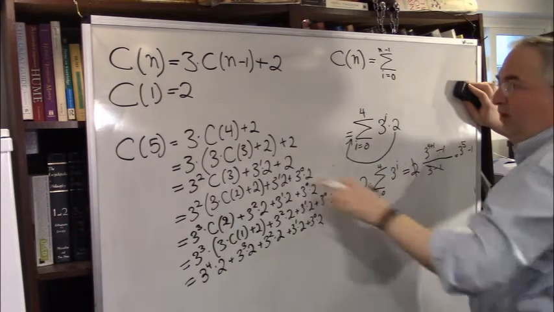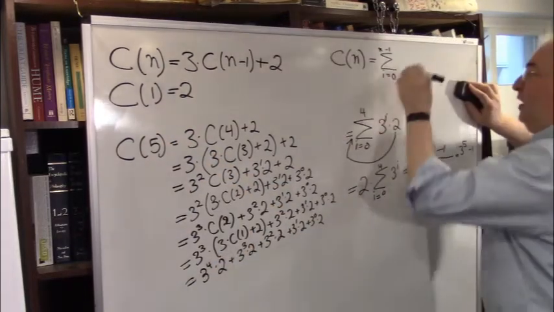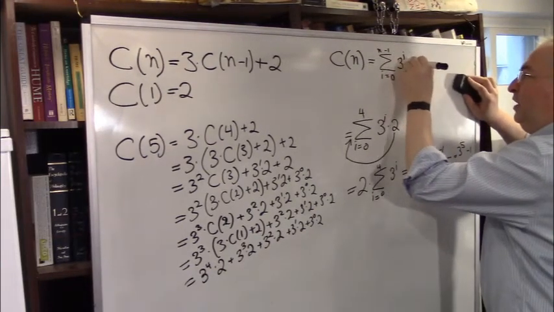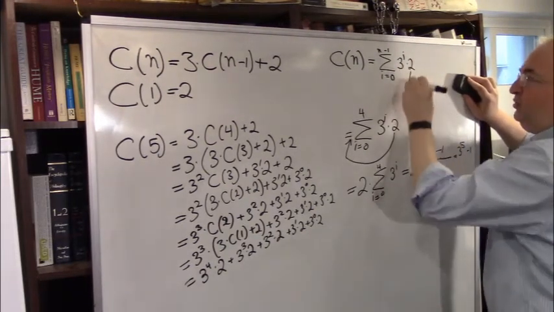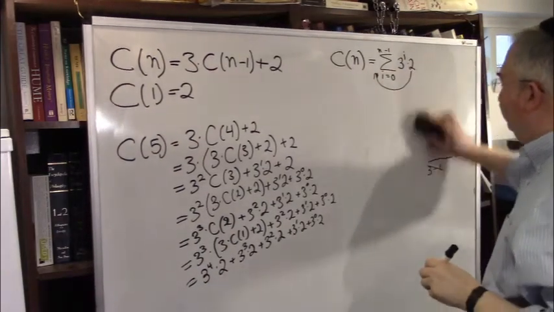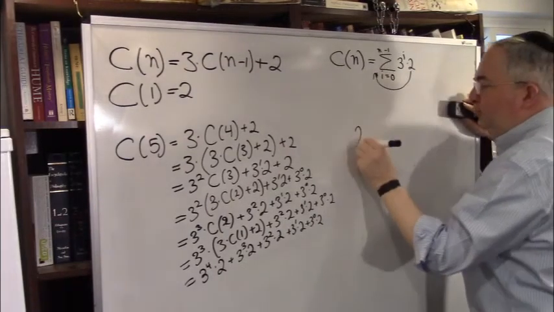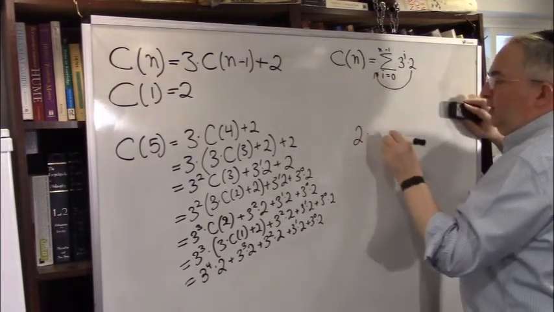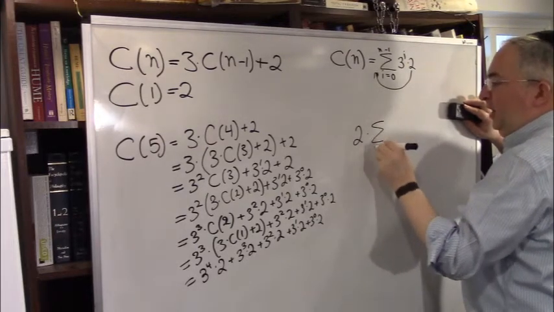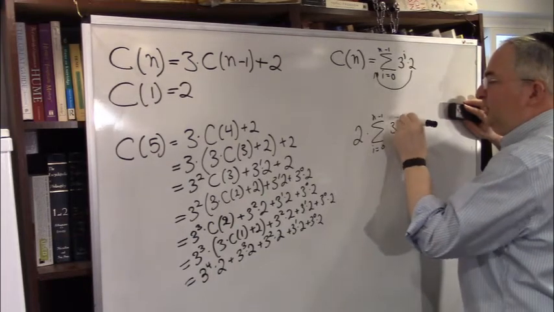Right, n minus 1. We plugged in C of 5, we got the sum from i equals 0 till n minus 1 of 3 to the i times 2. Again, the 2 goes to the front, and you're left with the same thing: 2 times the sum from i equals 0 till n minus 1 of 3 to the i.